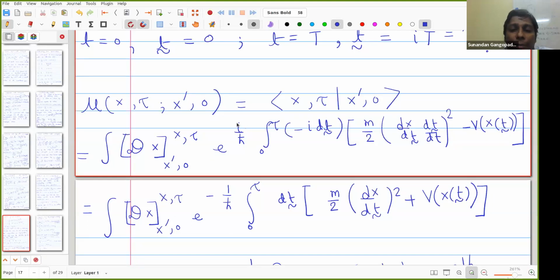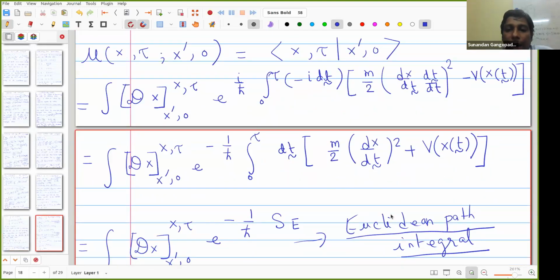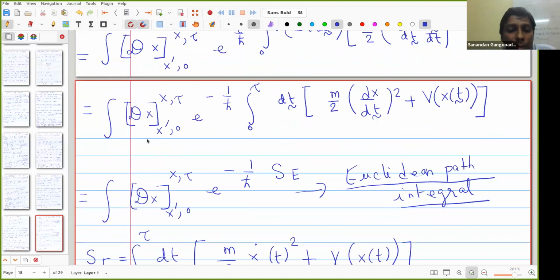Once again, this i, the imaginary number, has gone away, and it is e to the power of minus 1 by h bar integral 0 to tau dt tilde times m by 2 dx dt tilde whole squared plus v of x, t tilde. And this we can write as the path integral over x e to the power of minus 1 by h bar S_E.